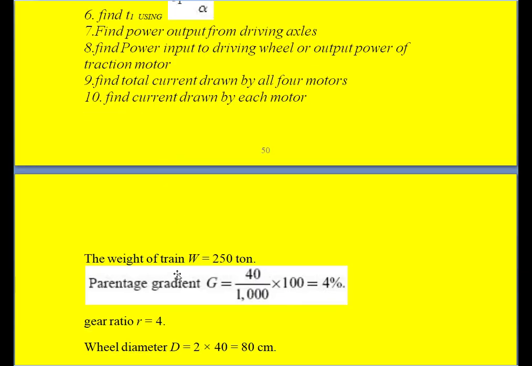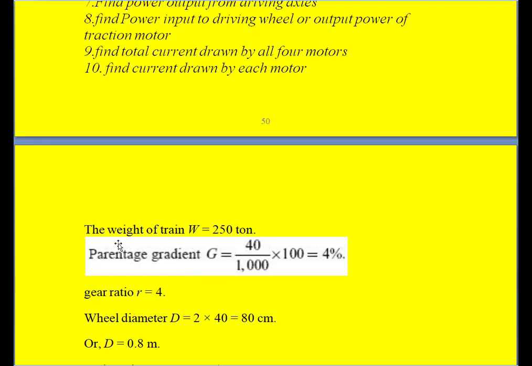So first step is, we know the weight as 250 tons, and the percentage gradient we can write as 40 by 1000 into 100, so we get 4%.